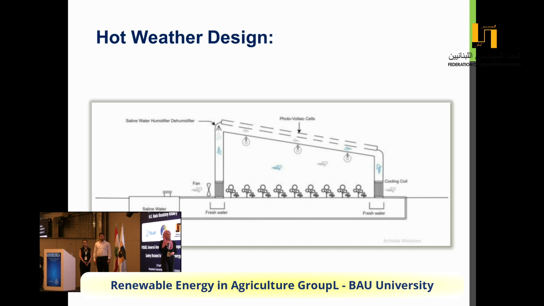For that, we designed an outer cover for our greenhouse where cool air enters from this side under the PV cells, cools them down, and then we have hot air. This hot air, as we know, can endure a lot of moisture, more than cool air. So we inject it with saline water moisture, water vapor, and then this hot, humid air, accompanied by exterior air, enters into a cooling coil where we obtain freshwater condensate.